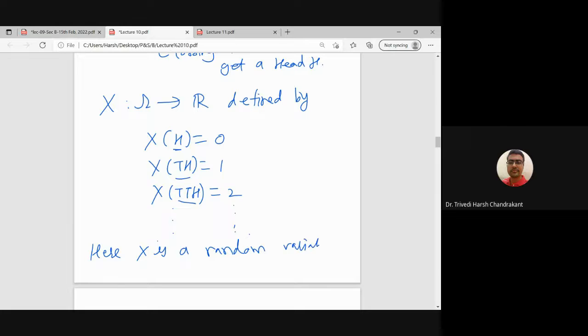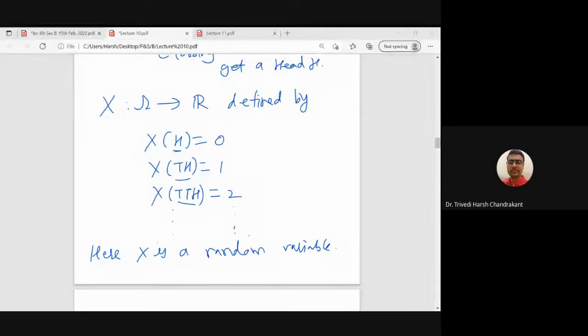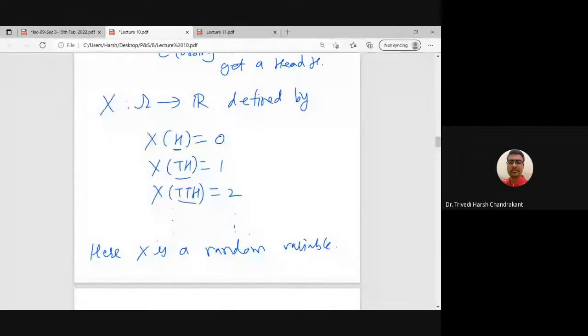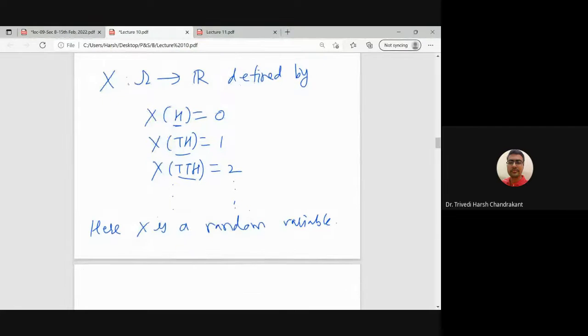Is it a discrete random variable? What is the range? Correct. The range is the set of natural numbers union 0, so that is a countable set.